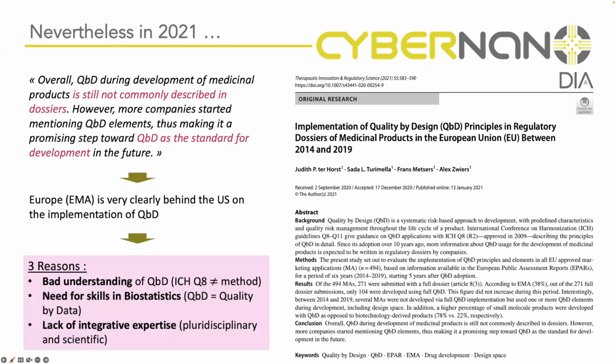First of all, QbD is not a magic formula. There is a large misunderstanding of all the components of QbD, and ICH-Q8 is a guidance, not a method. That could be a first barrier. We also need large skills in biostatistics, because we need efficient tools in statistics, and that is another problem.